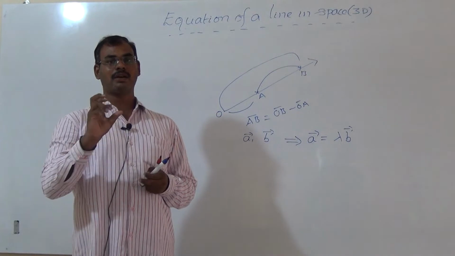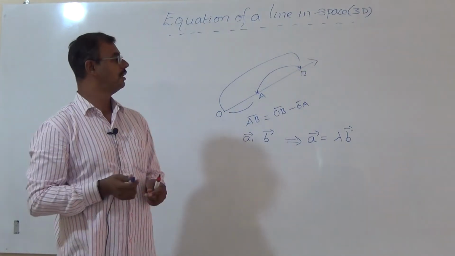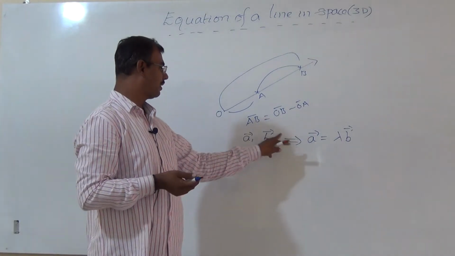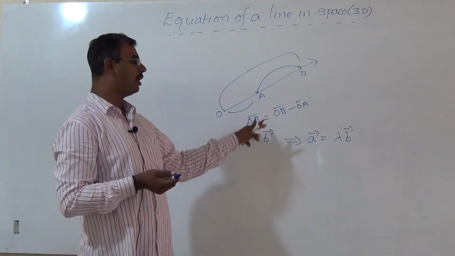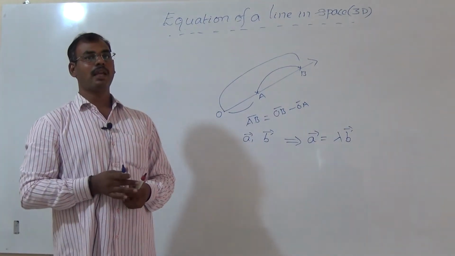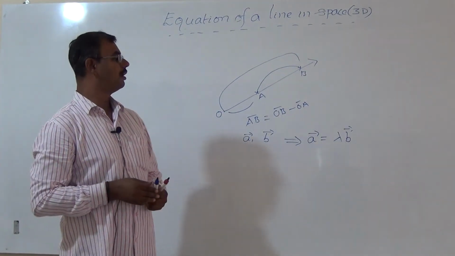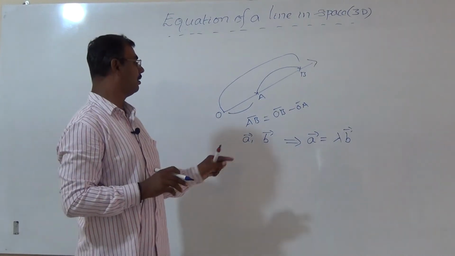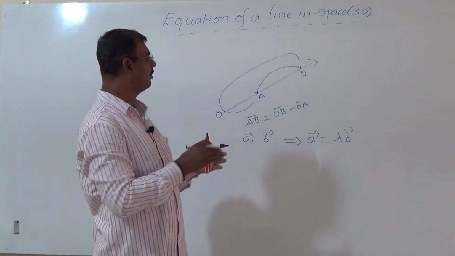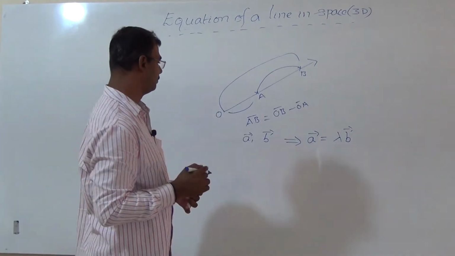If two vectors are parallel or collinear, the condition will be A vector is equal to lambda times B vector. Keep in your mind, in vectors we studied these things. Once again you revise the vectors also.